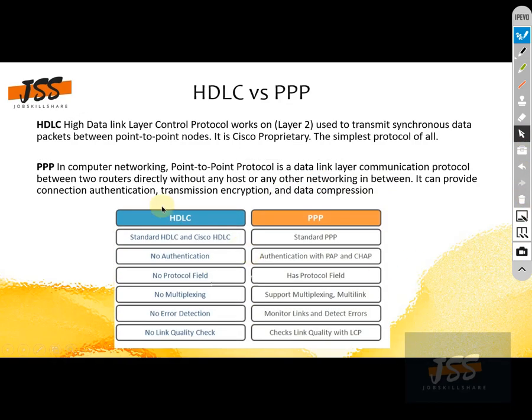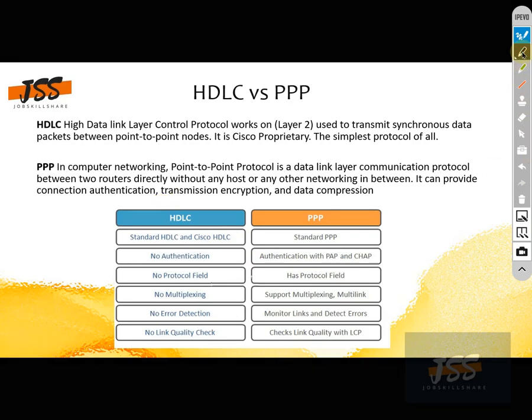If I do a one-to-one comparison, HDLC is the Cisco standard, whereas PPP is a standard protocol. It can be used with any devices, any vendors. HDLC has no authentication. PPP uses authentication known as PAP or CHAP, password authentication protocol and challenge handshake authentication protocol.